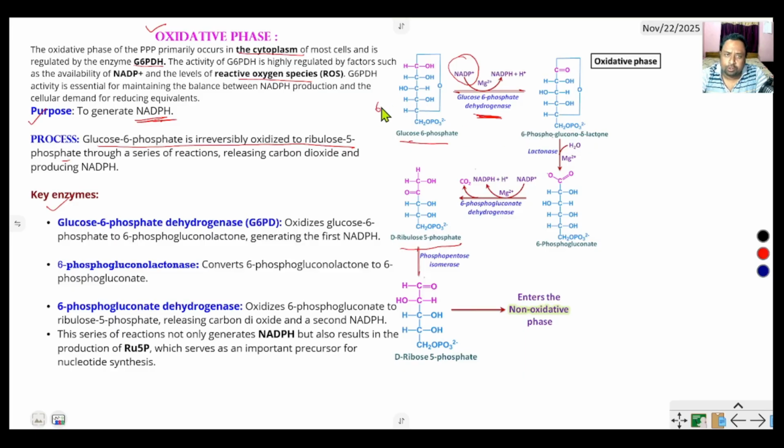6-carbon containing glucose 6-phosphate is converted into 6-carbon containing ketone sugar, 6-phosphogluconolactone. Okay, in the presence of then 6-phosphogluconolactonase.